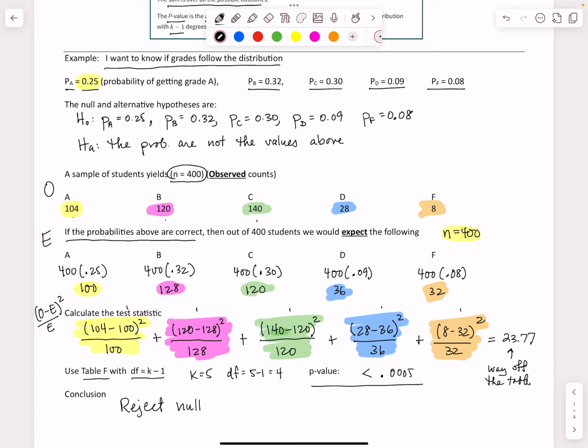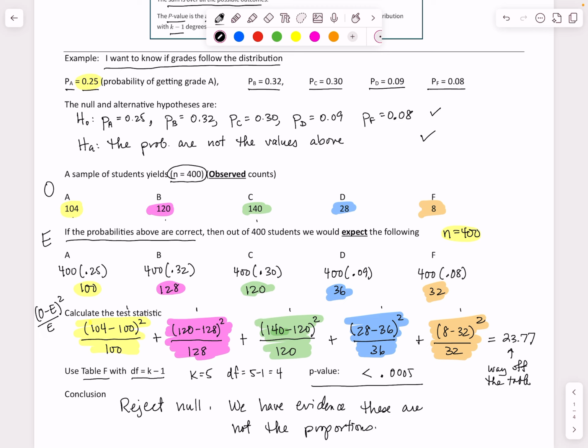And since my 2 hypotheses are the null was these are the proportions or probabilities, and my alternative is they are not, my conclusion is we have evidence these are not the proportions as stated.